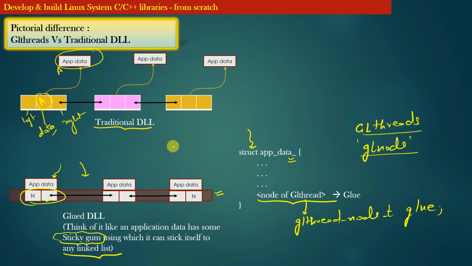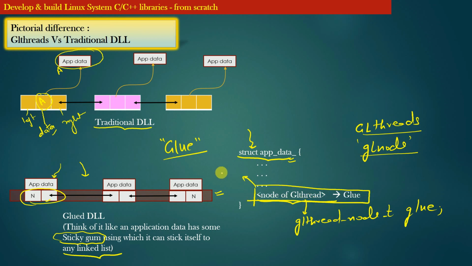Now at least you must be getting some high level idea of what the significance of the word glue is in glue-based doubly linked list. Here glue means something using which you can stick an object onto another object. Here one object is an application data, and this application data has GL node as one of its members.